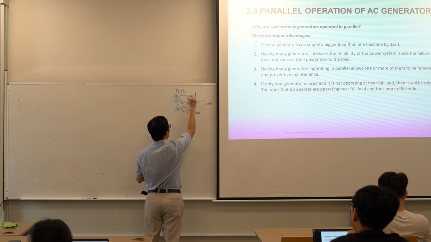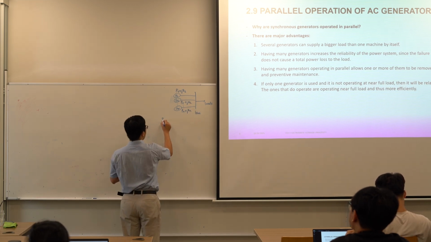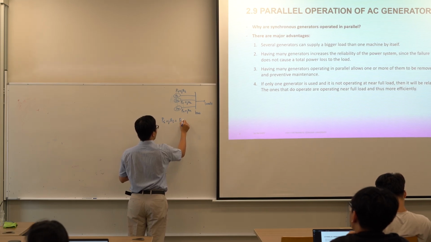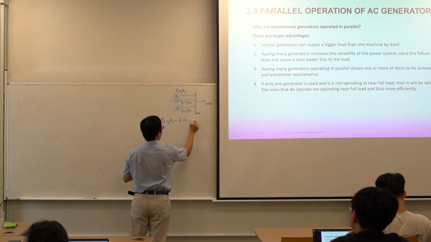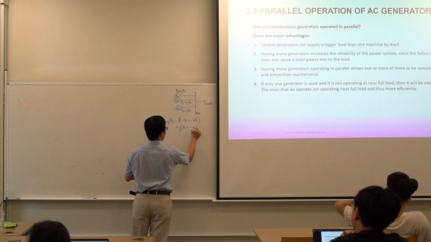Of course, the power here is three-phase power. So the total power is P1 plus P2 plus up to Pn, plus j(Q1 plus up to Qn).